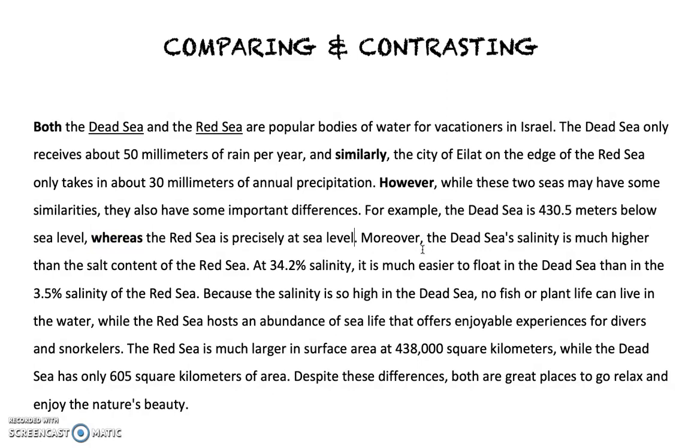Moreover, the Dead Sea's salinity is much higher than the salt content of the Red Sea. At 34.2% salinity, it is much easier to float in the Dead Sea than in the 3.5% salinity of the Red Sea.